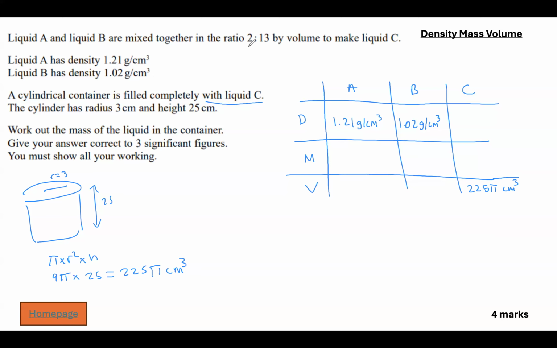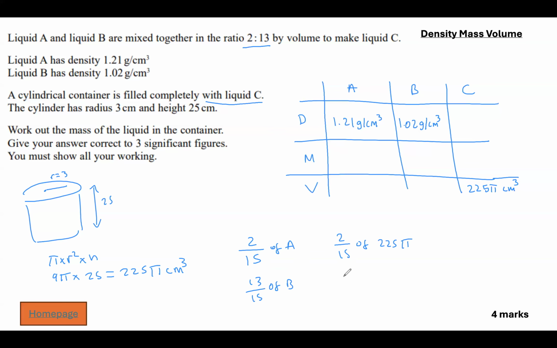Now, if we go back to the first part of the question, it says liquid A and liquid B are mixed together in this ratio by volume to make C. So the volume of C contains 2/15, so 2 out of 15 of A and 13 out of 15 of B. So what we want to do is work out 2/15 of 225 pi, because that's going to give us the amount of A that was mixed into the liquid.